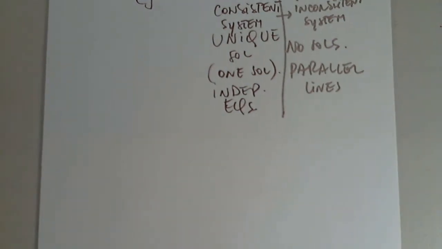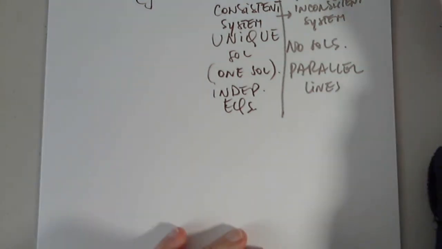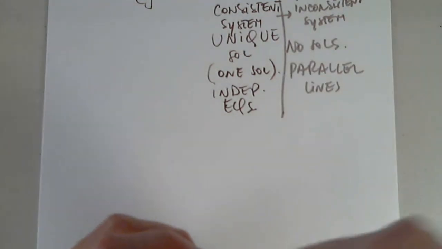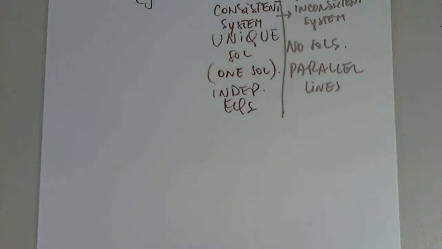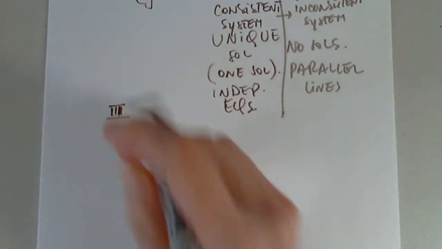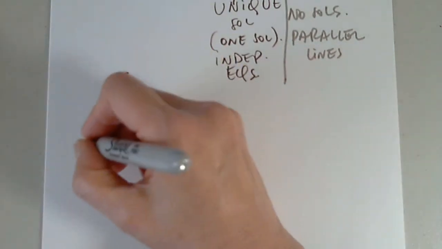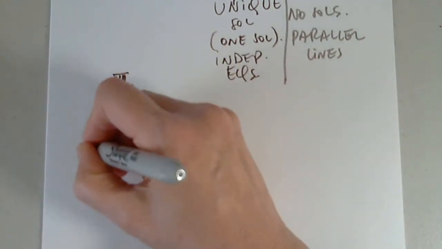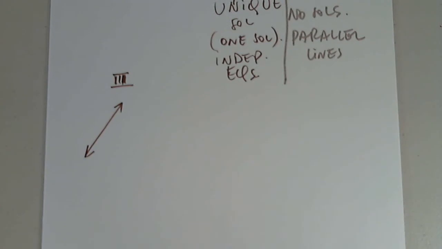And we do have a third possibility. But of course, I don't have enough room there. Sorry about that, so moving here. Here's the third option. I have this line, one equation represents this line, and here's the other equation.